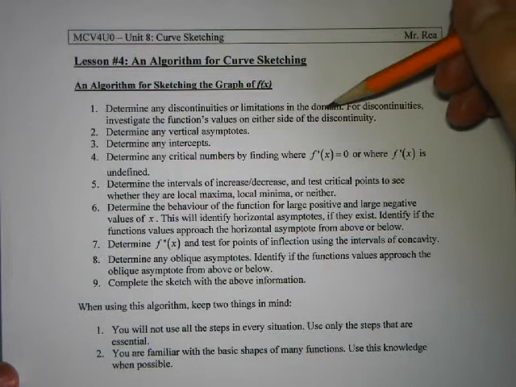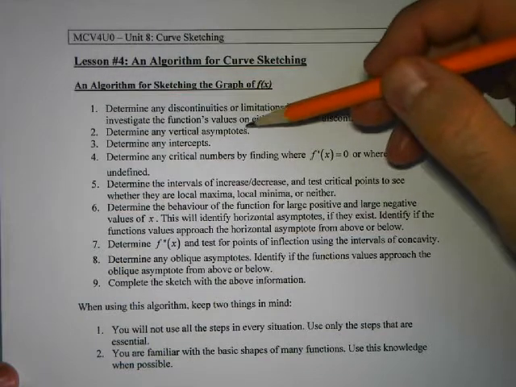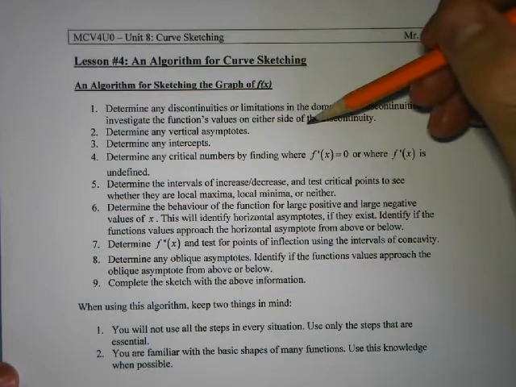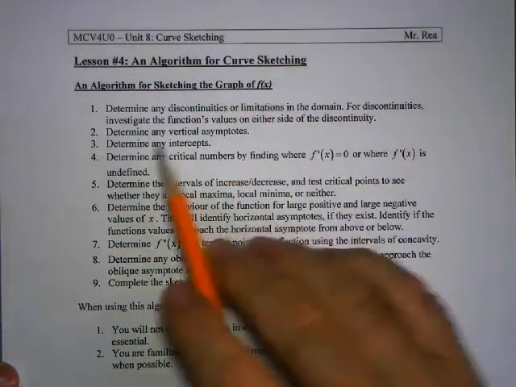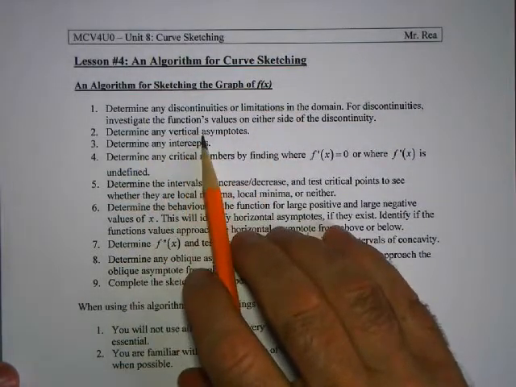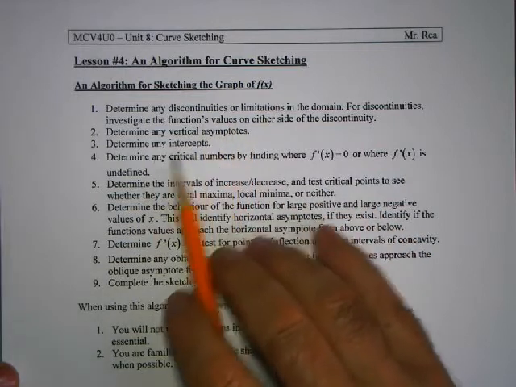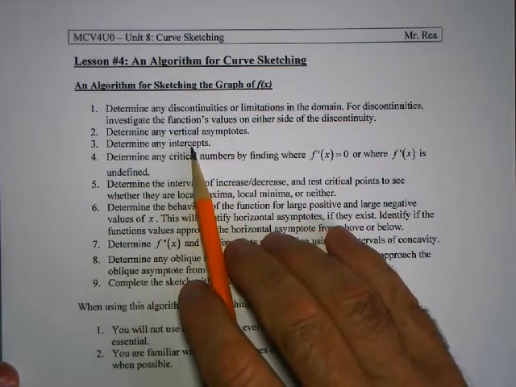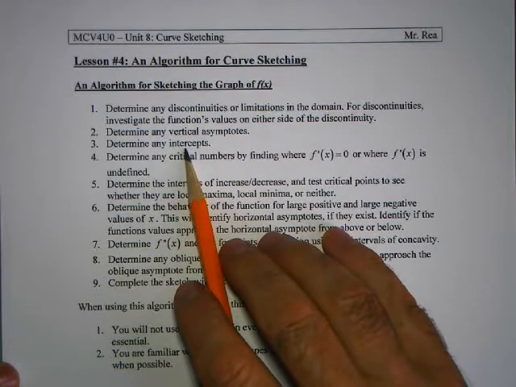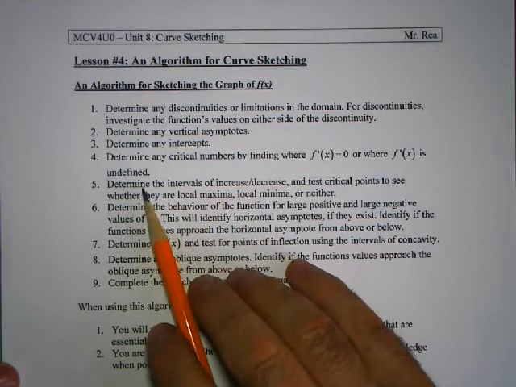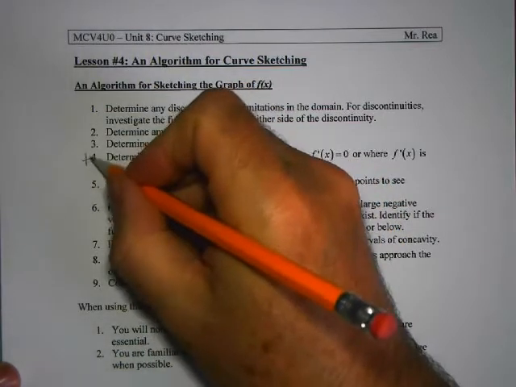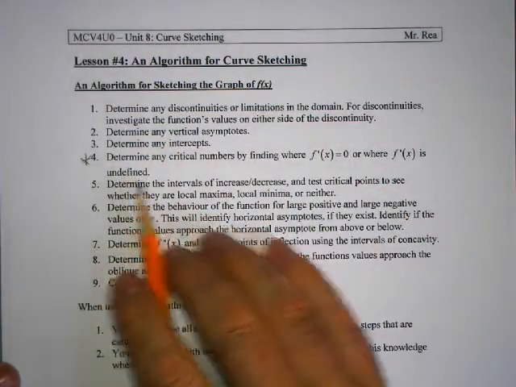It could be a vertical asymptote, it could be a hole, could be a spike, but most of the time it's going to be a vertical asymptote or a hole. Then determine any vertical asymptotes, that comes directly from here. Determine any x or y intercepts. We didn't do much of this in the review, but now we're going to be finding those things.